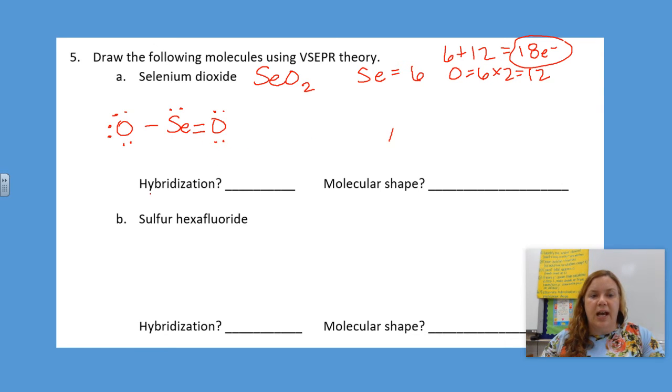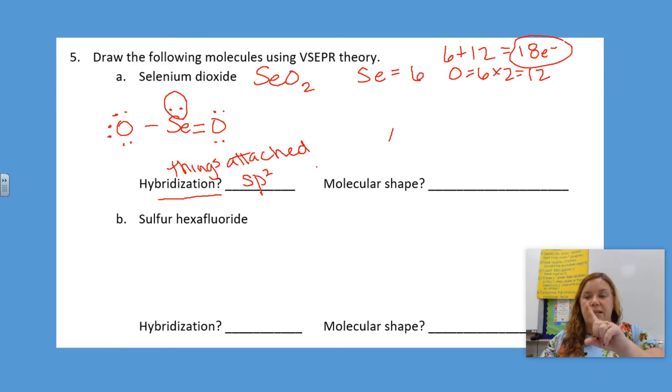So now we want to look at the hybridization, and that is the number of things attached. And those things could be a lone pair like we have here. So we do have a lone pair of electrons here. So we actually have 1, 2, 3 things attached. Therefore, S counts as one thing, P counts as one, so we need an sp2, because sp2 is 3 things attached.